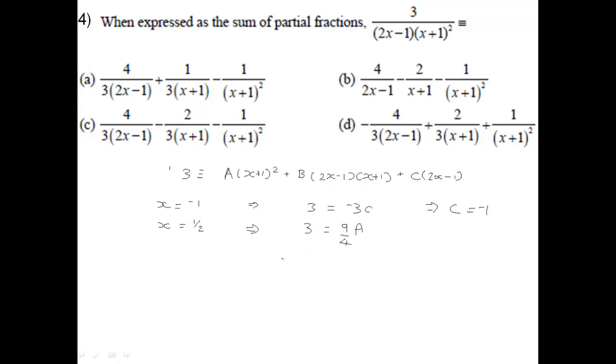Well, that means that a equals 3 divided by 9 over 4, which equals 3 times 4 over 9. We can cancel a bit there, can't we? Which is 4 over 3. So a is 4 over 3, c is minus 1.